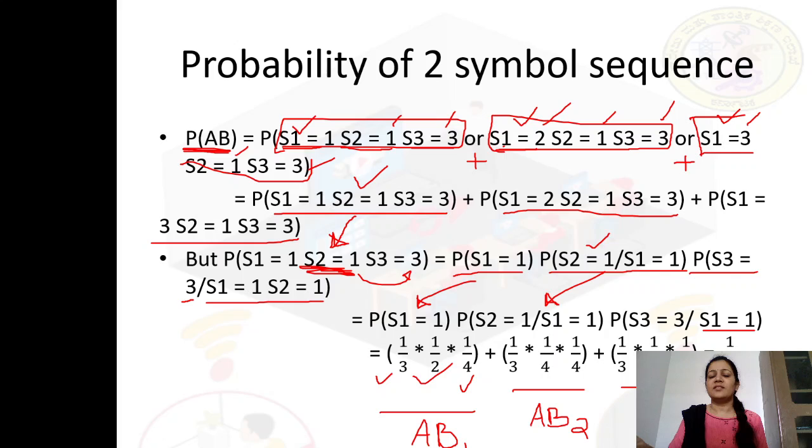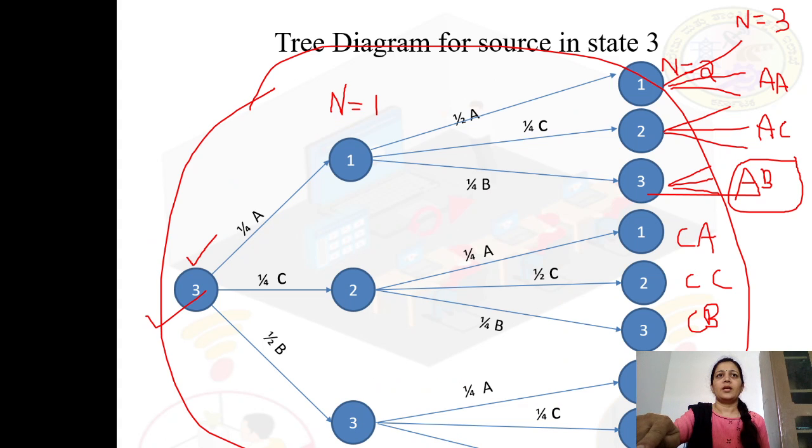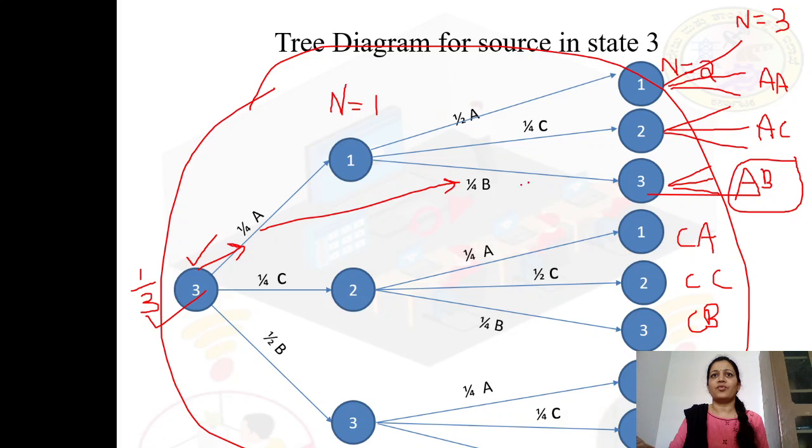Similarly, if you consider the sequence for the third state, let us check whether we are getting the same probability. For state 3, the state probability value is 1 by 3, right? And AB occurs here. So consider 1 by 3 into 1 by 4 into 1 by 4 for the sequence AB.